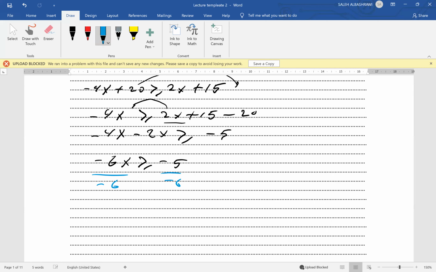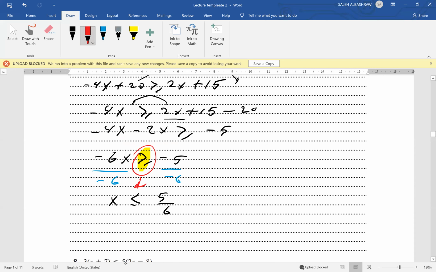If we divide by a negative number, we have to change the sign of the inequality. So I will have x less than or equal to 5 over 6. Again, dividing by a negative number, we have to change the sign from greater than to less than.